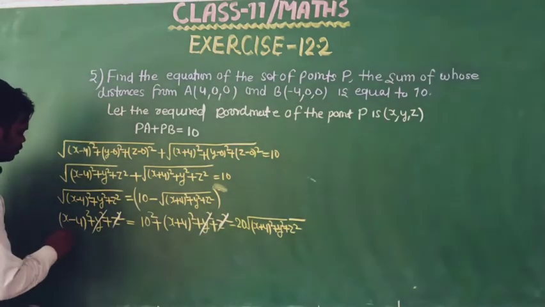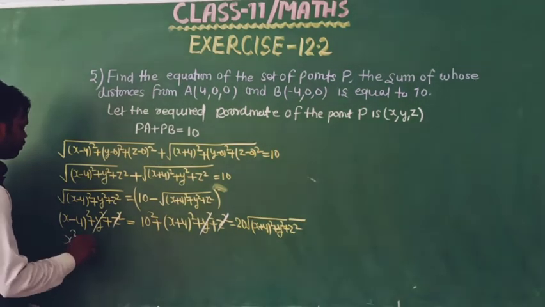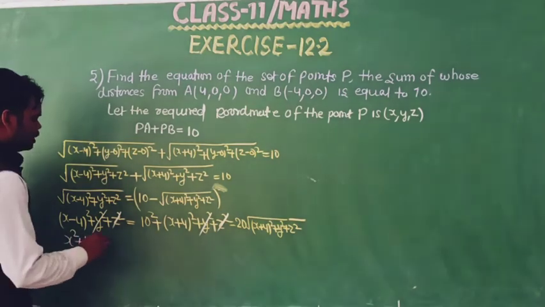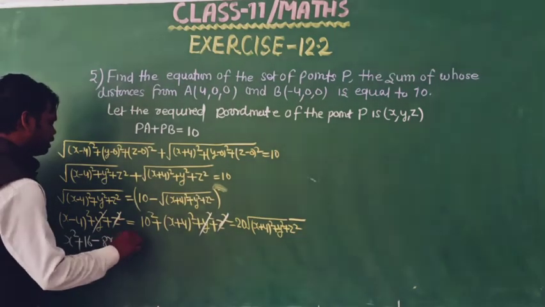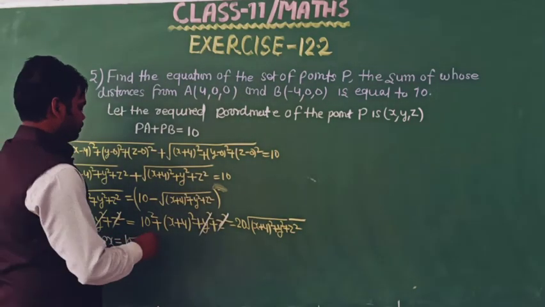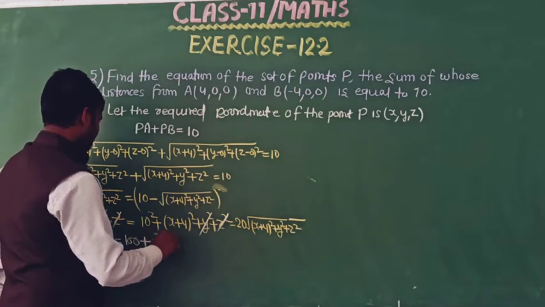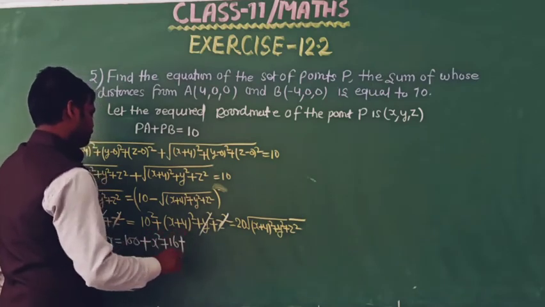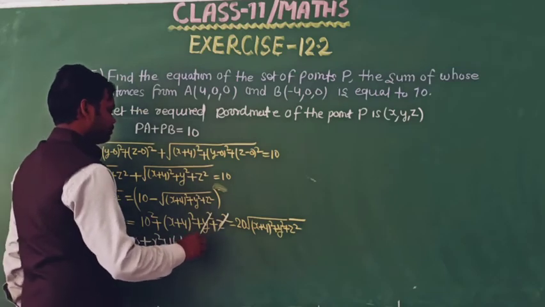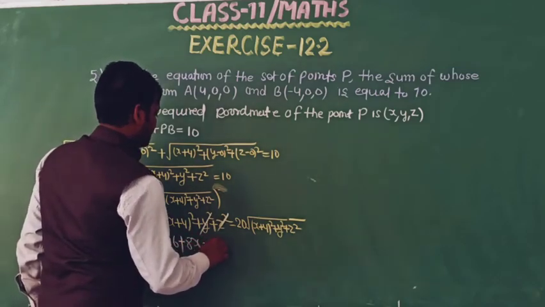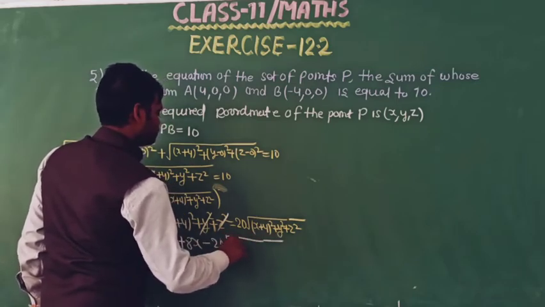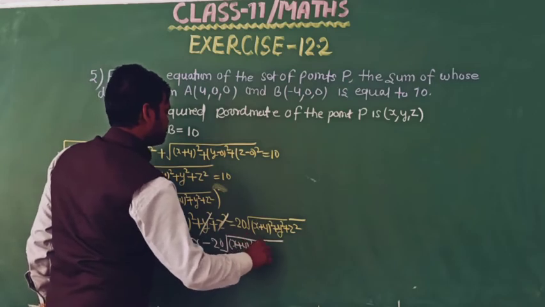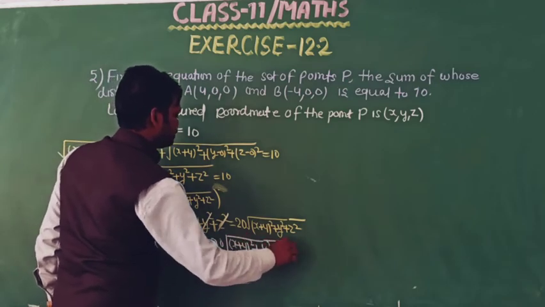Now expanding, so x minus 4 whole square will be x square plus 16 minus 8x, equal to 100 plus x square plus 16 plus 8x minus 20 times square root of x plus 4 whole square plus y square plus z square.